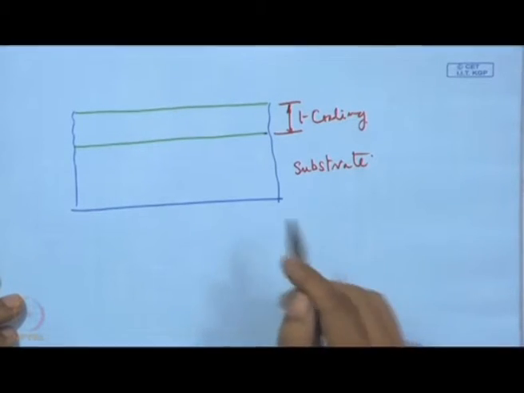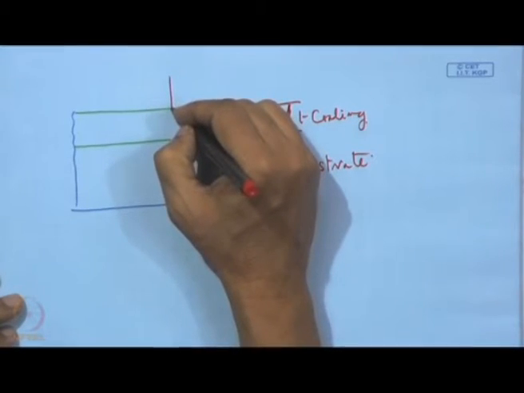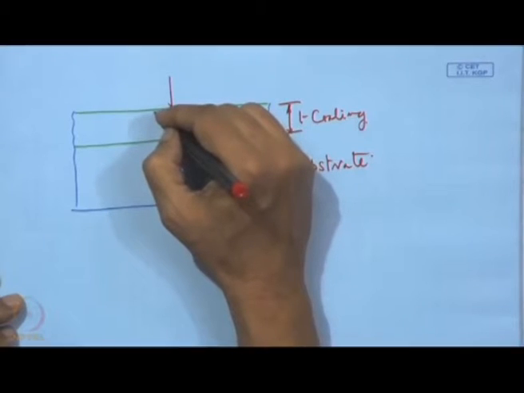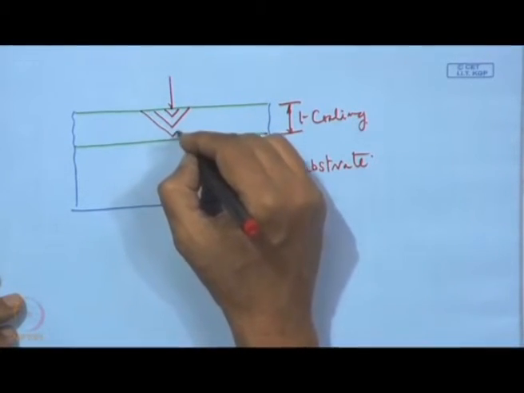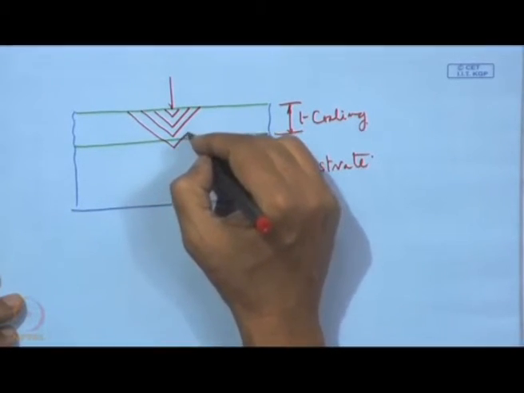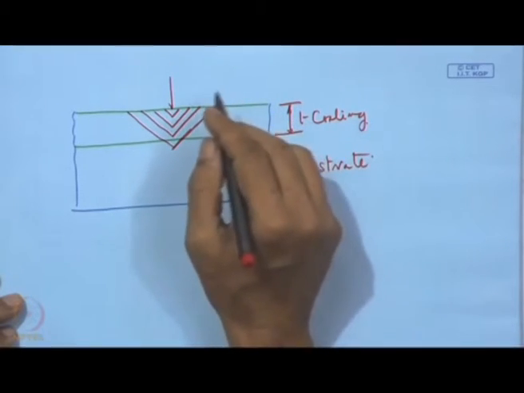Now, in this case, as the load is applied, gradually what will happen? It will keep on increasing the penetration depth, and it depends upon the load and the smoothness of the coating.